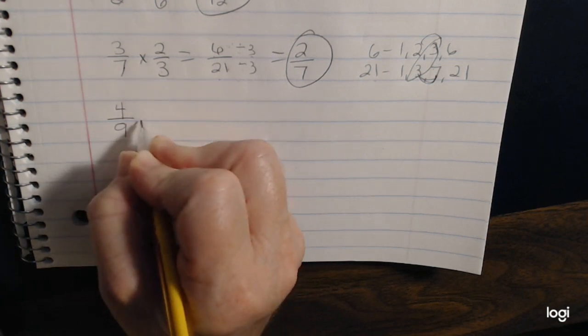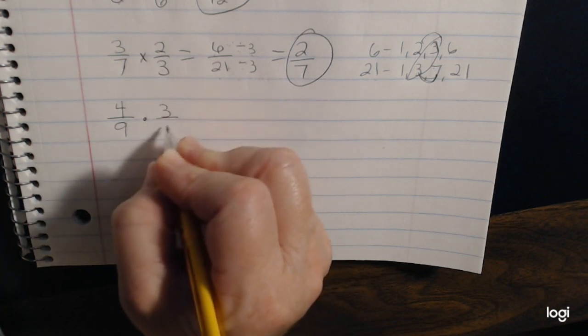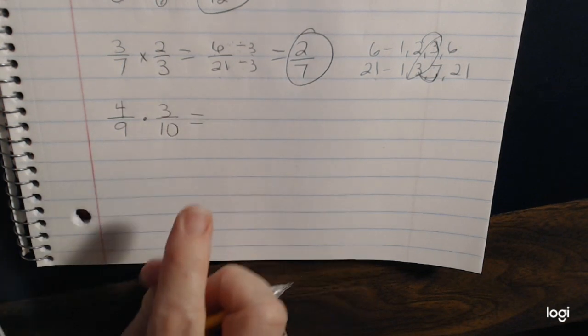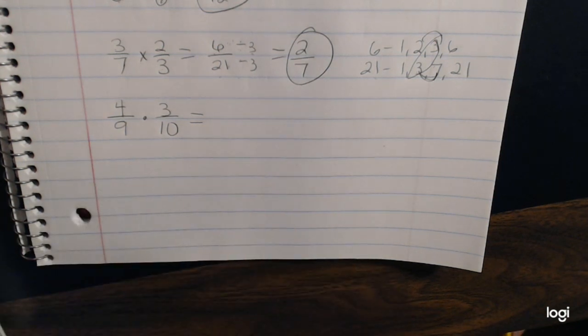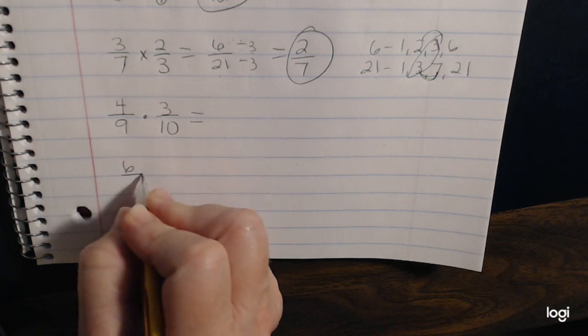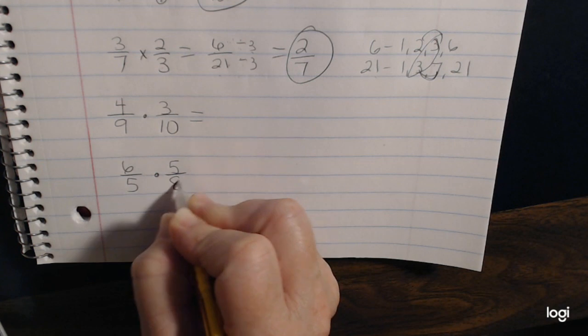Okay, the next fraction problem is 4/9 times 3/10. I want you to solve that one, and I want you to solve 6/5 times 5/8.